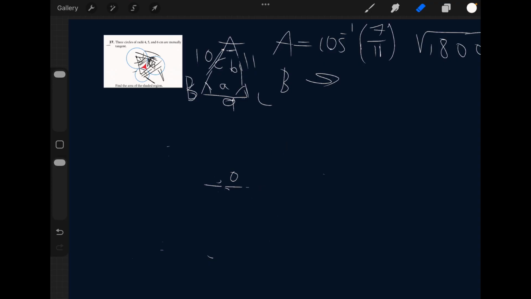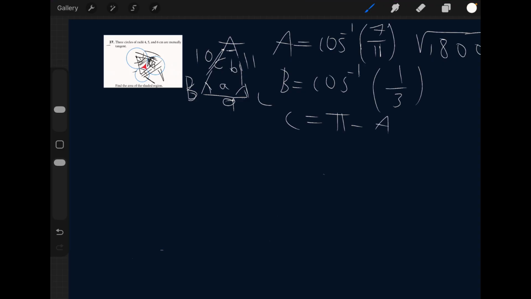and that will give us that B equals arc cosine of 1/3. C equals pi minus, and that'll just be minus A minus B. And the area of a circular sector is a formula that we're going to use now.